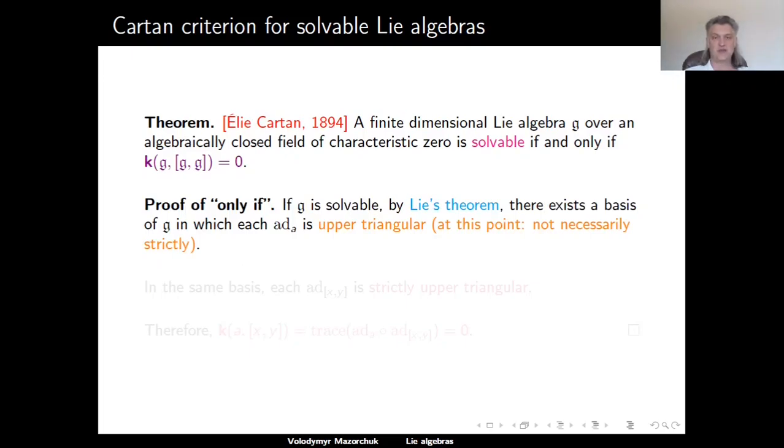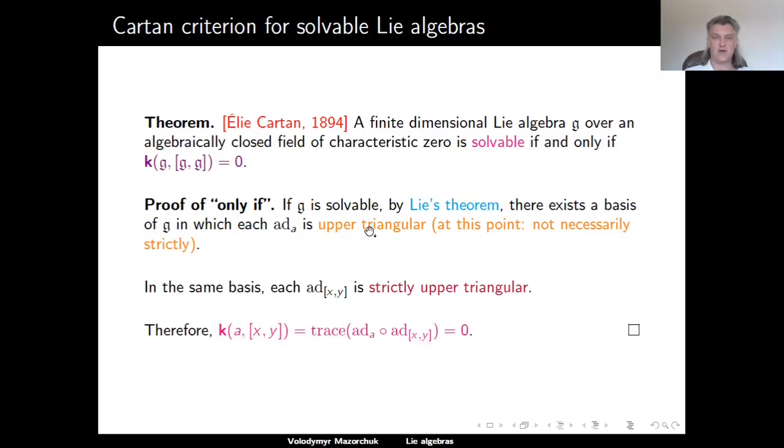So if G is a solvable algebra, and since we work over an algebraically closed field of characteristic 0, we again can use Lie's theorem and find the basis of G in which the matrix of each adjoint operator, ad A, is upper triangular, not necessarily strictly upper triangular. In the same basis, the matrix of each adjoint operator corresponding to the commutator of two elements is of course a commutator of two upper triangular matrices, and hence is a strictly upper triangular matrix.